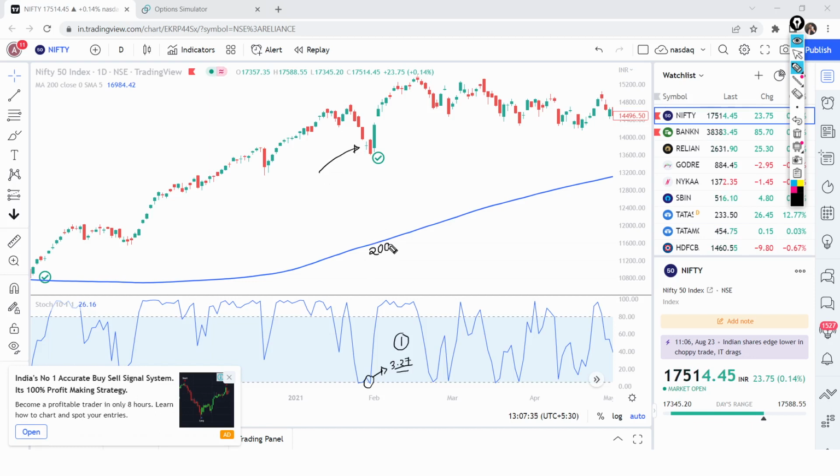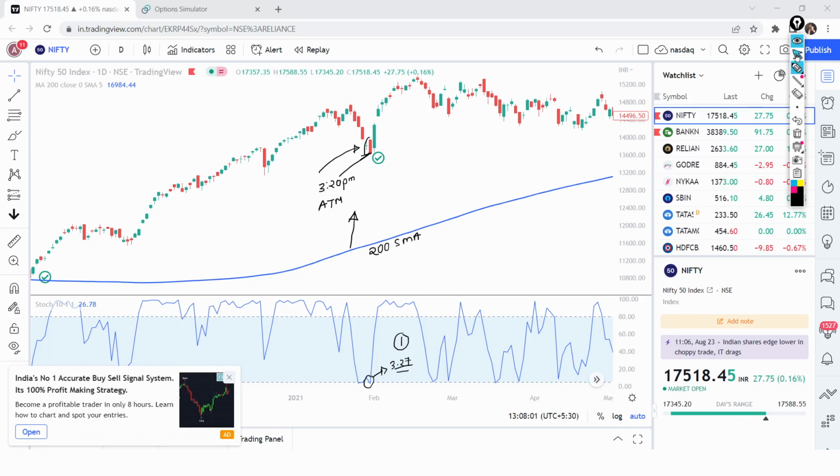So this over here is nothing but your 200 SMA, and we can clearly see that the price is obviously above 200 SMA. So this particular candle was the candle on which we got the stochastic value equal to 3.27. So while the candle is actually closing at around 3:20 p.m., we'll try to initiate the trade, which will be nothing but buying a call option of at the money strike price.